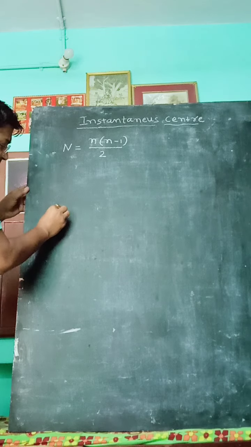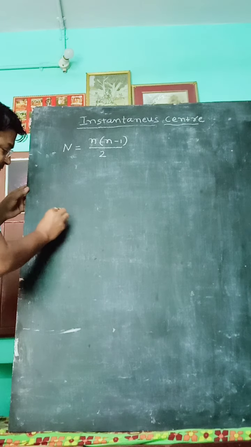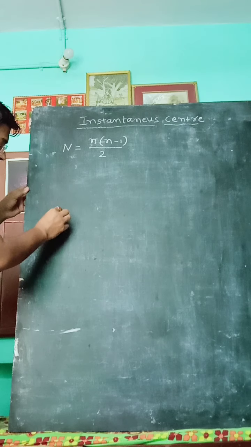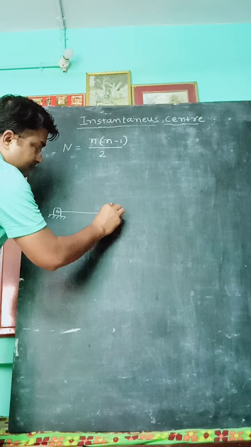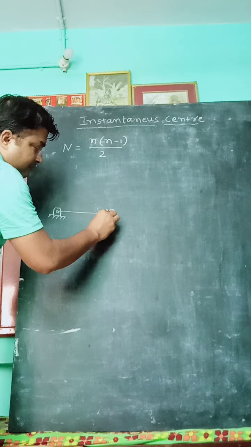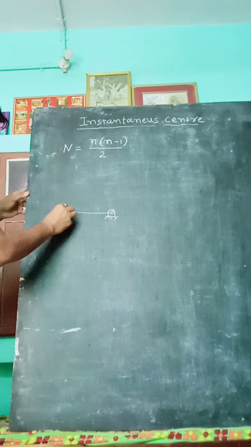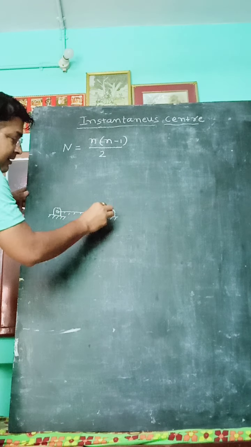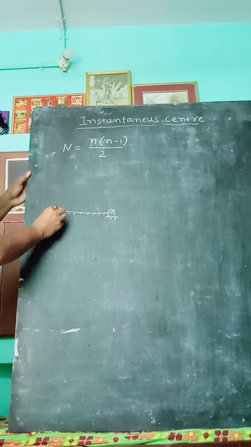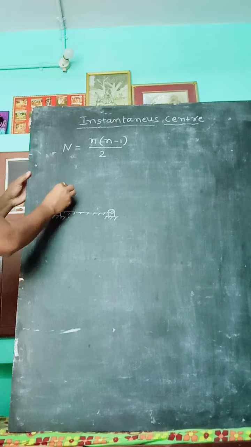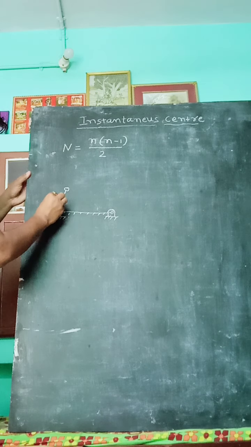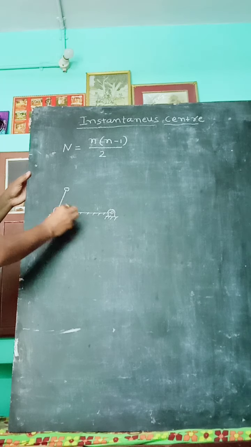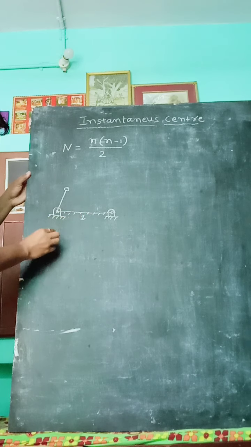Let us consider a case of a 4-bar chain mechanism. Fulcrum, crank or a rotating link. This is link number 1.